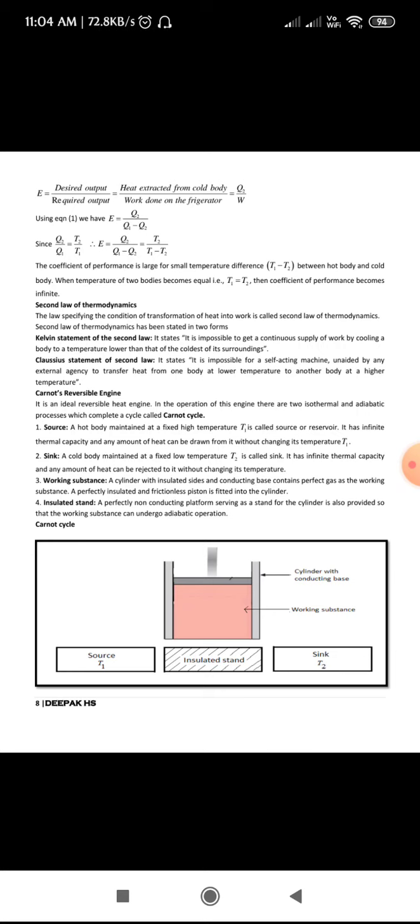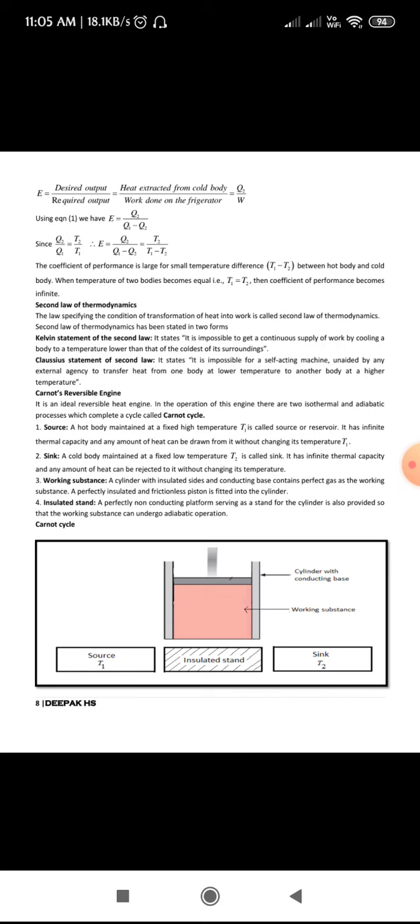When the gas starts to expand, there is a drop in temperature, but since the cylinder has a conducting base and is placed on the source, that fall in temperature is compensated by the source. So the heat flows from the source to the cylinder, so that the temperature is maintained the same.